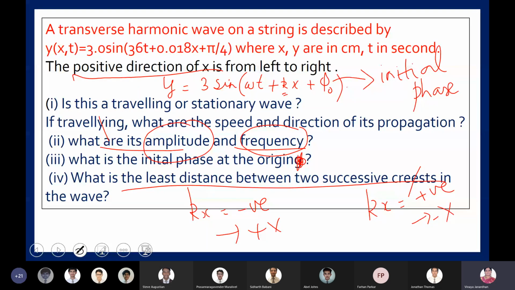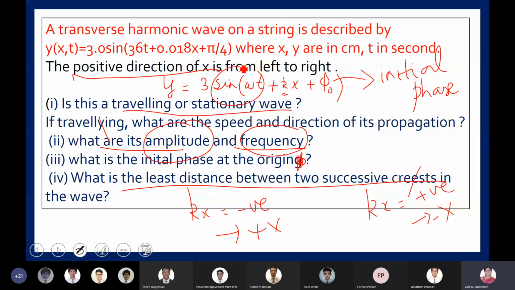Is that clear, boys? Now the question is: is this a stationary wave or a traveling wave?